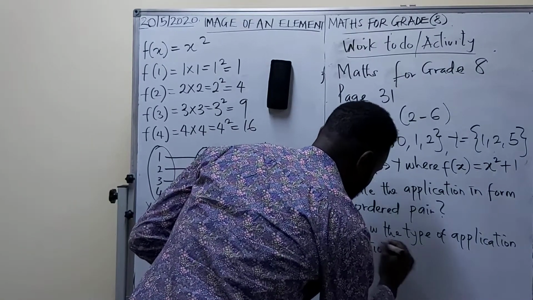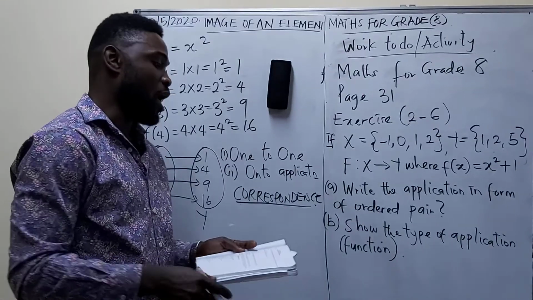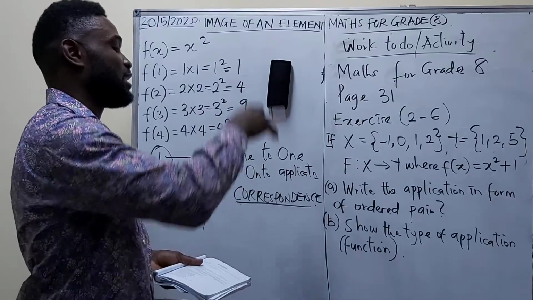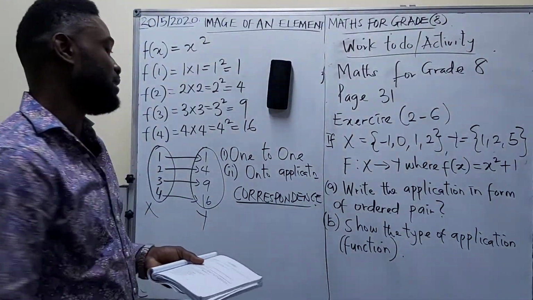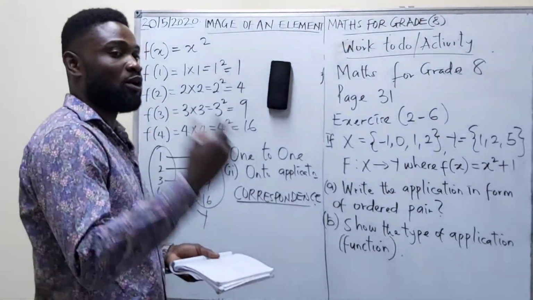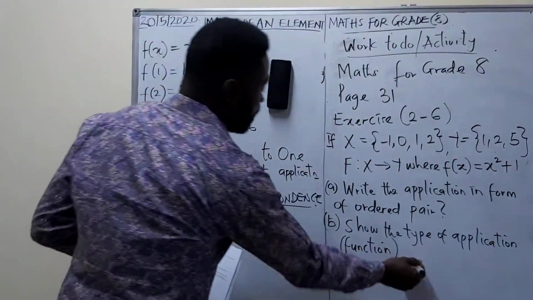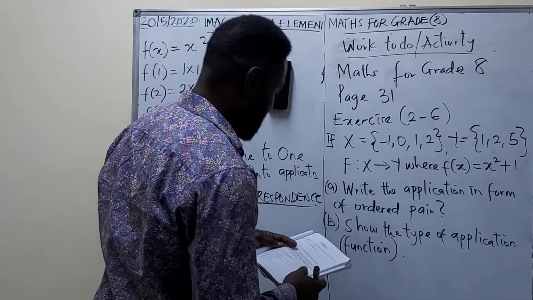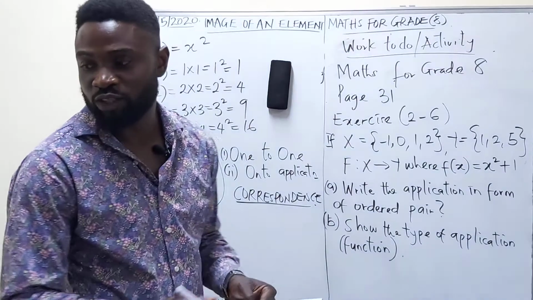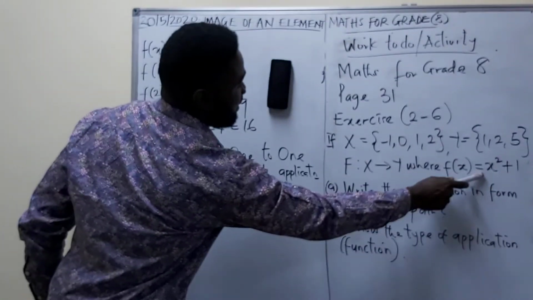So it means after you must have worked it out, you have to show all the applications or the types of applications you are able to see in the diagram. So if it is onto, if it is one-to-one, if it is correspondence, you give us what it is and you give me the reason at the same time, because without the reason you will not get your full mark. So it means you have to work it out with this formula that has been given.